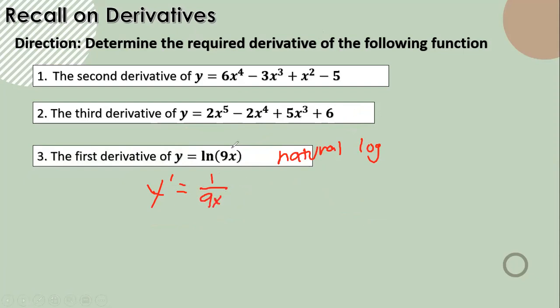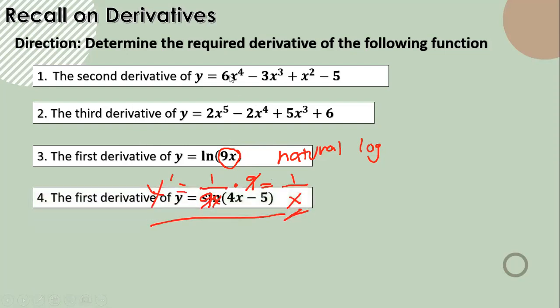And by virtue of the chain rule, we have to multiply it by the derivative of 9x. So it is not yet finished. 1 over 9x multiplied by the derivative of 9x, which is 9. Cancel out 9. We have 1 over x. And that is our final answer.